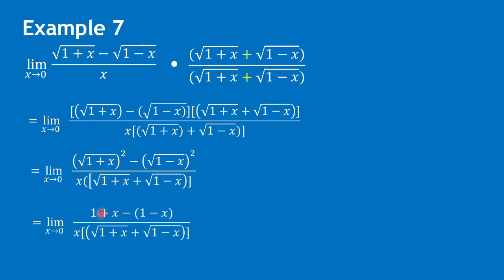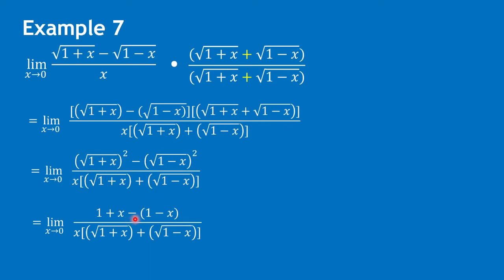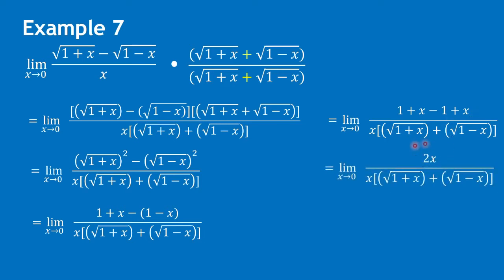Squaring this would give you 1 plus x minus 1 minus x. Distributing negative 1 to 1 minus x, we can have negative 1 plus x. 1 plus x minus 1 plus x would give you 2x.